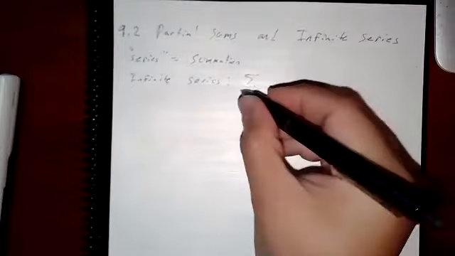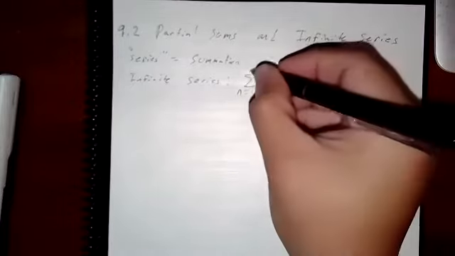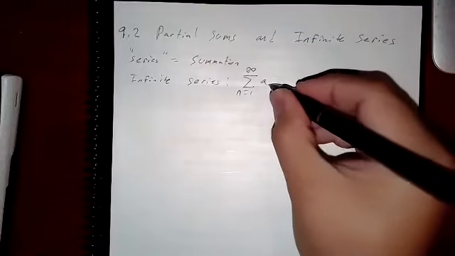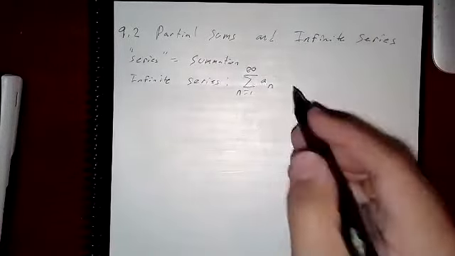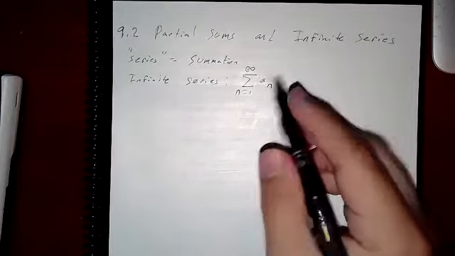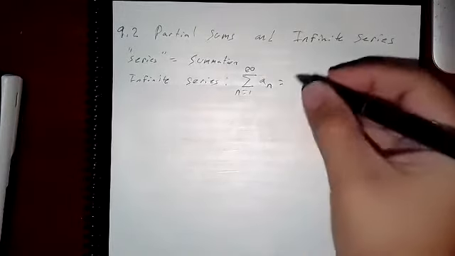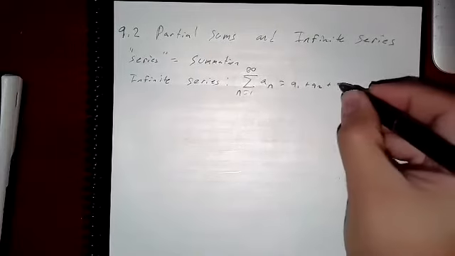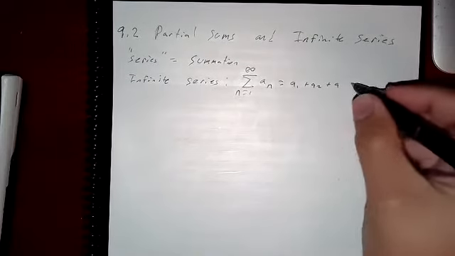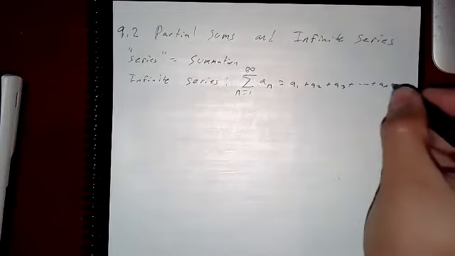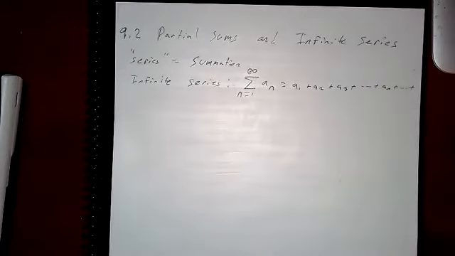So a sum from n equals 1 to infinity. So I'm going to sum up the terms of a sub n, a sequence. So this is the sequence that we talked about last time, but now we're summing the terms instead of listing them. So this means you add the first one, the second one, all the way till the nth term, and then you keep on going to infinity.